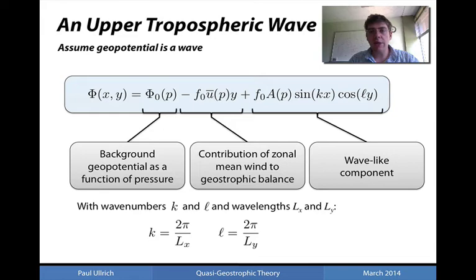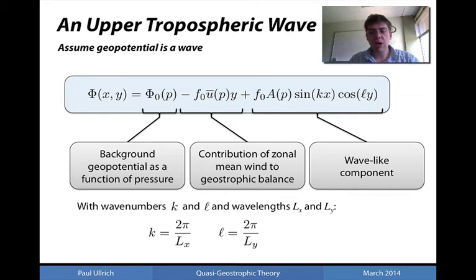That is, recall that the presence of a zonal mean wind will lead to the generation of Coriolis forces, which must be balanced by a corresponding pressure gradient term. And finally, we have a wave-like component, which is associated with basically the perturbation on top of this mean background flow.